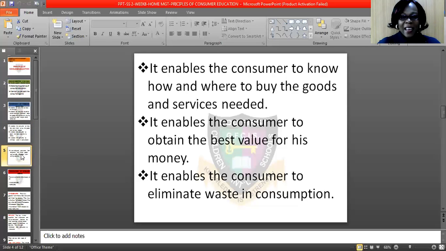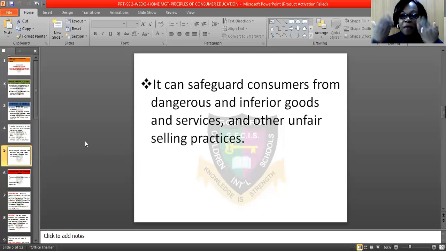Is that okay? Now, it can safeguard consumers from dangerous and inferior goods and services and other unfair selling practices. Like all the fake products in the market out there, you'll be able to know when you know your right as a consumer and you are abiding by your right as a consumer.